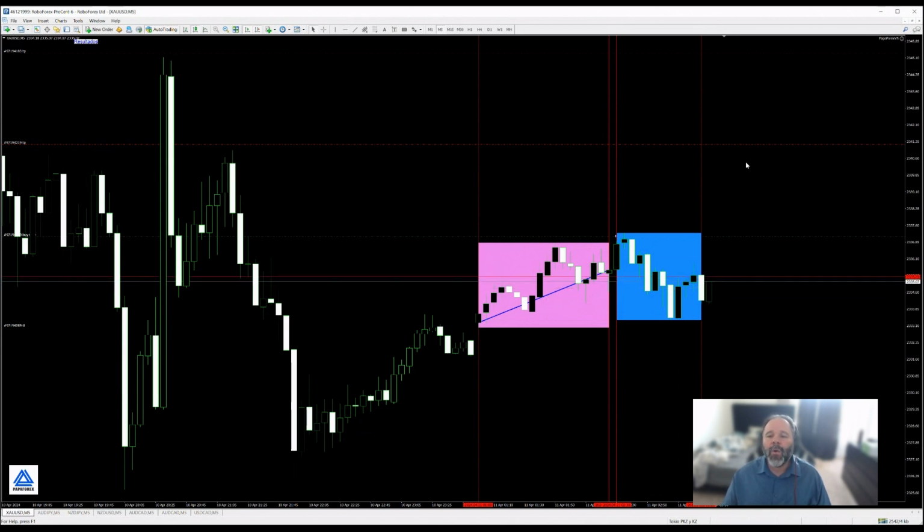But now, if it hits my stop loss, then this in blue is the kill zone. If it hits the stop loss, then it means that it's going to close below the lower portion of the rectangle. So it means that I'm going to go into a sell, right?